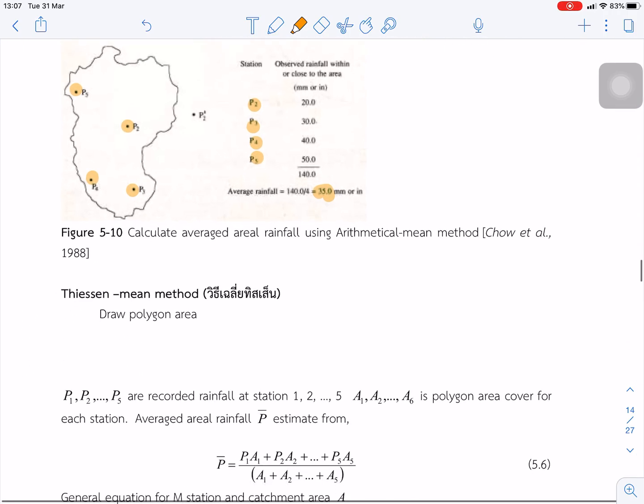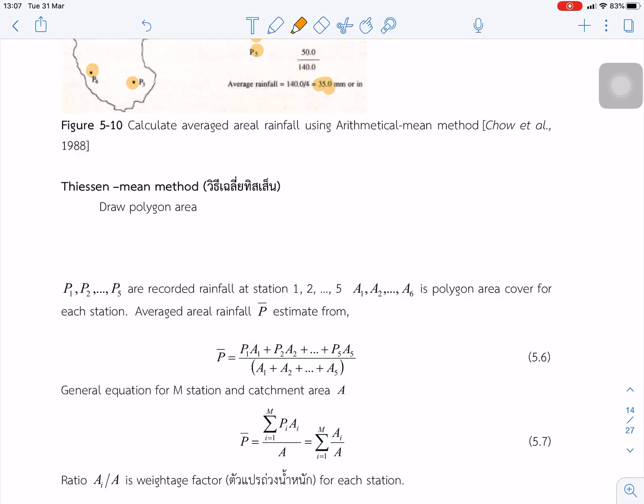Okay, the next method we call the Thiessen polygon method. In this one we use the area as the weighting factor.